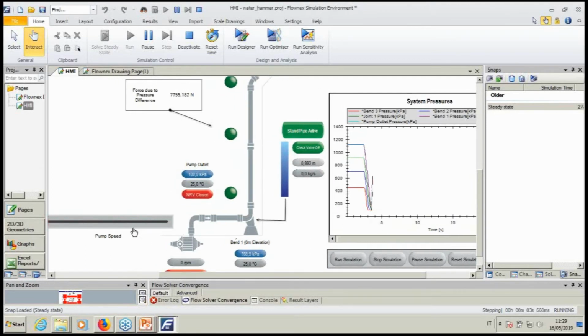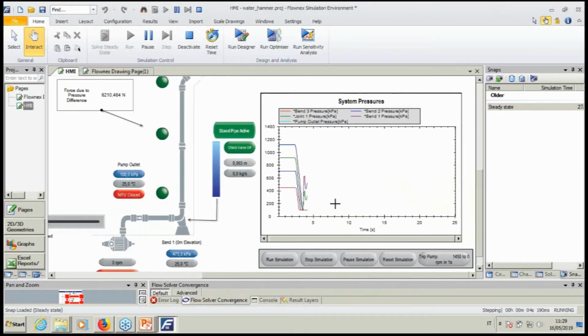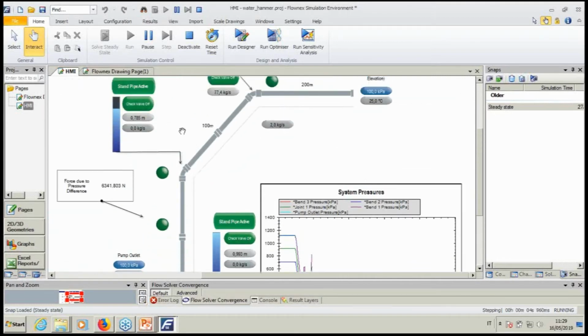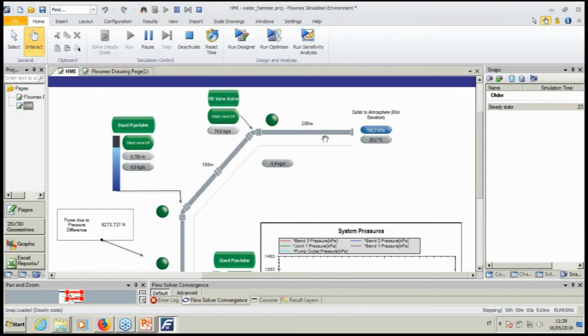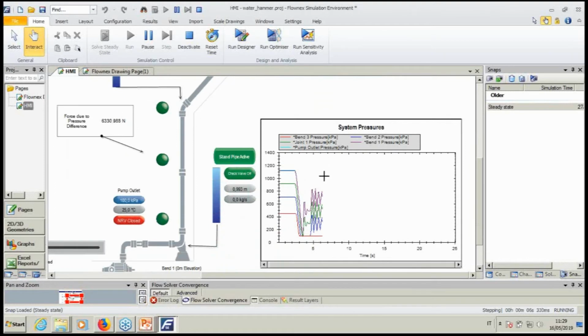So you have the pump that goes down, and you have the generation of the pump trip in this diagram, where you are controlling all the different pressures all over the pipeline. And moreover, you have the calculation of the forces that are acting over the line. So you can obtain this graph as a real-time calculation.